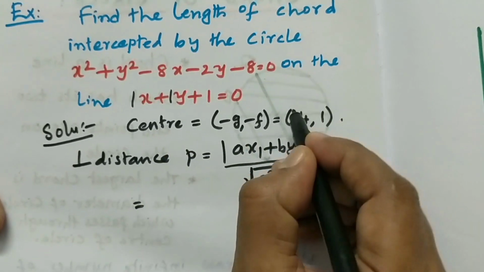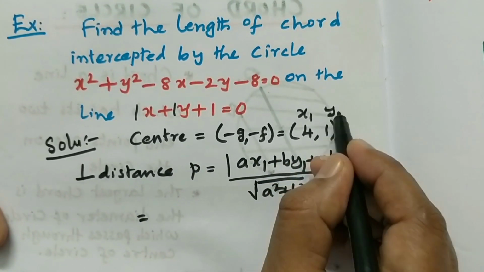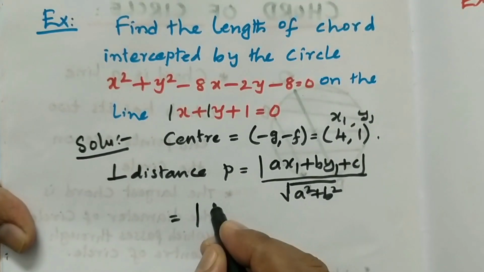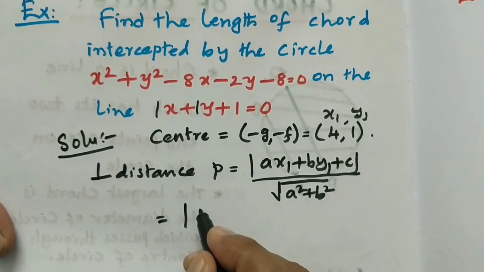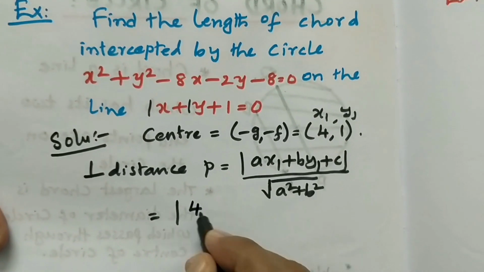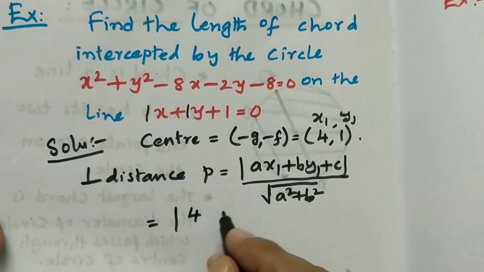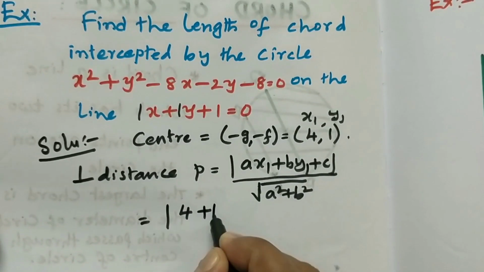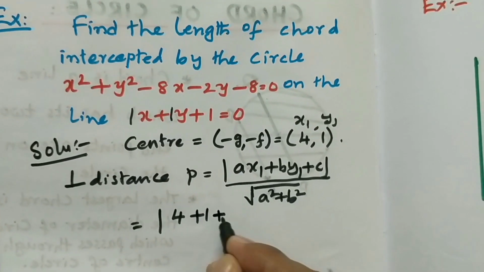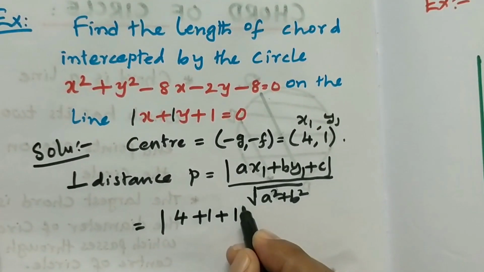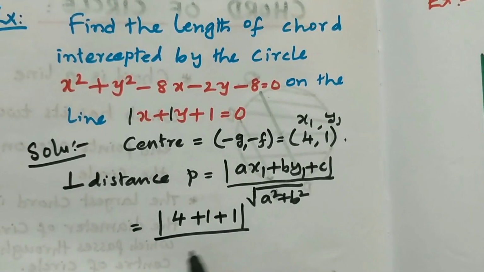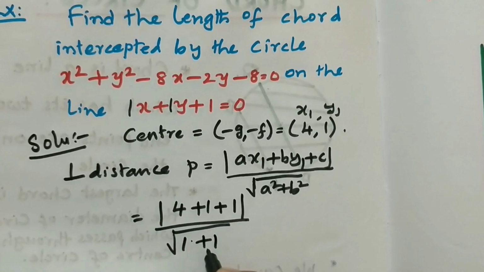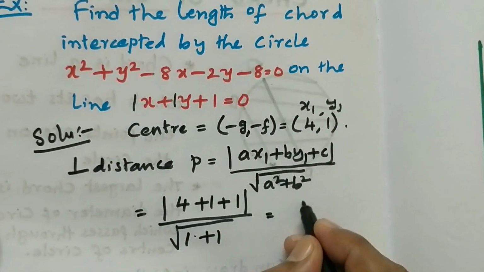So modulus of A into x1, 1 into 4, that is 4, plus B into y1, 1 into 1, is 1, plus C is 1, by under root of 1 square plus 1 square, that is 1 plus 1, gives us 6 by root 2 units. That is the perpendicular distance P.